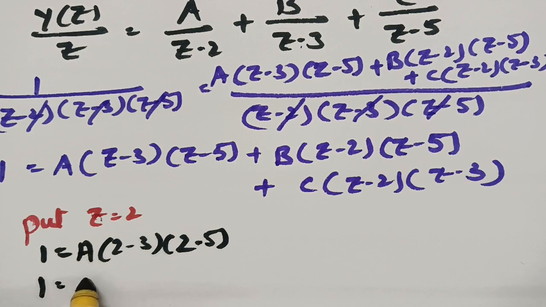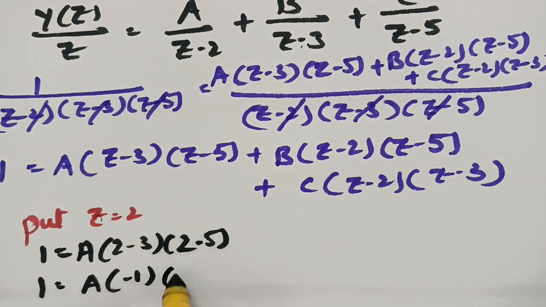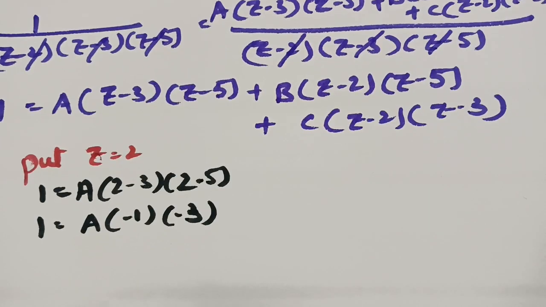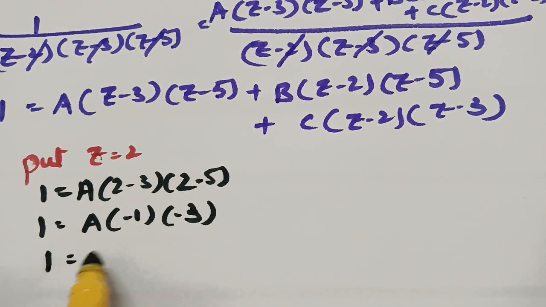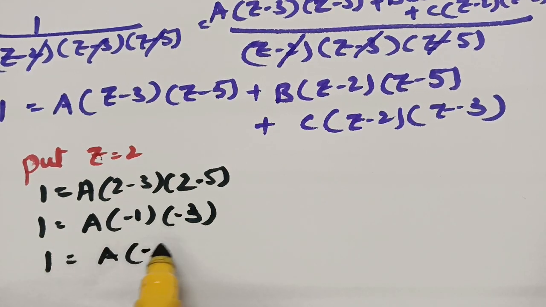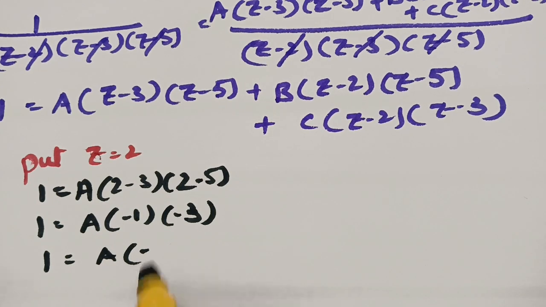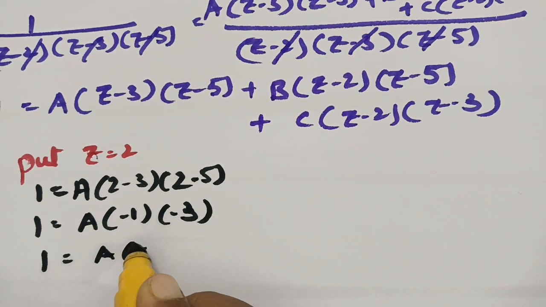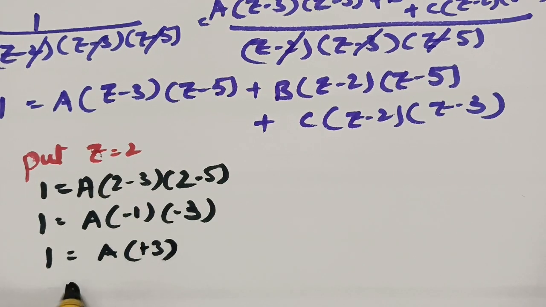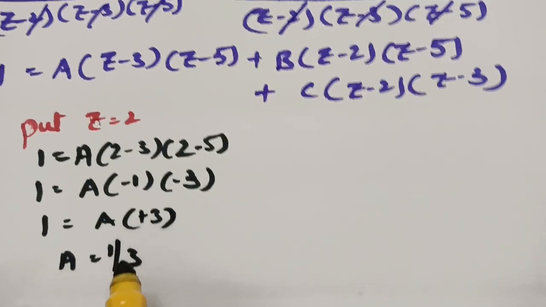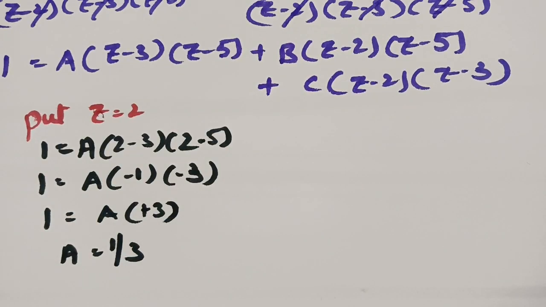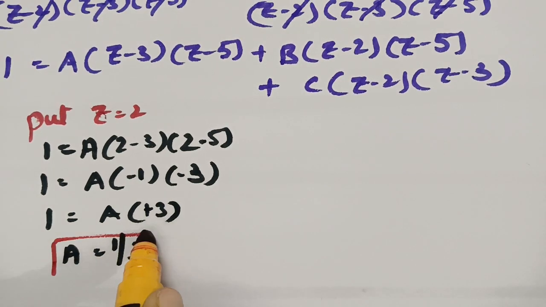So 1 is equal to a times (minus 1) and (minus 3). And a is equal to a times minus of minus plus 3, so the value of a is 1 by 3. Clear? So we got the value of a as 1 by 3.